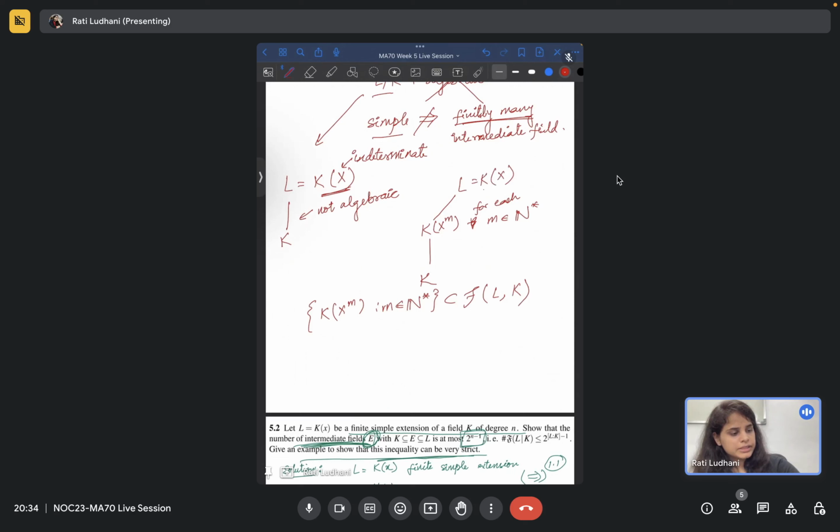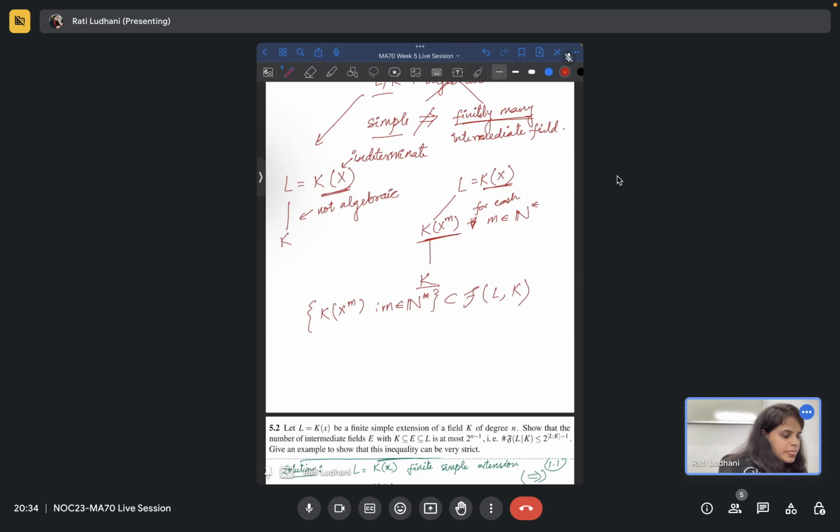Because between k and k(x) you can have k(x^m), because k(x) contains x^m, all the multiples of x itself. So you can have all the ways like this.